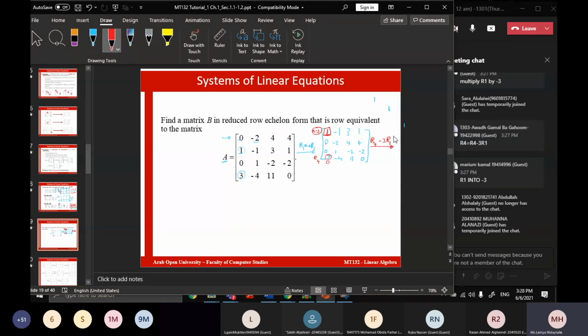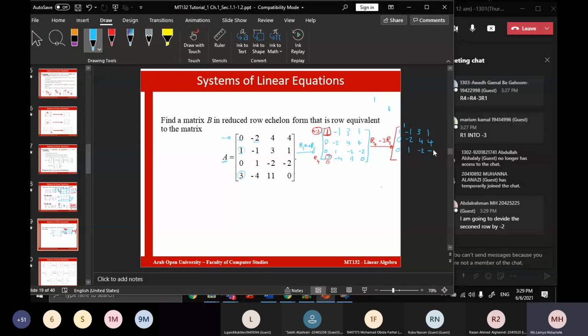Yes? Okay, so what is going to be my matrix? Tell me. The first, second and third rows are going to stay as they are. So I will have the 1 and the minus 1 and the 3 and the 1. Okay? And the 0 and the minus 2 and the 4 and the 4, and then here 0 1 minus 2 minus 2. I'm changing the last one.